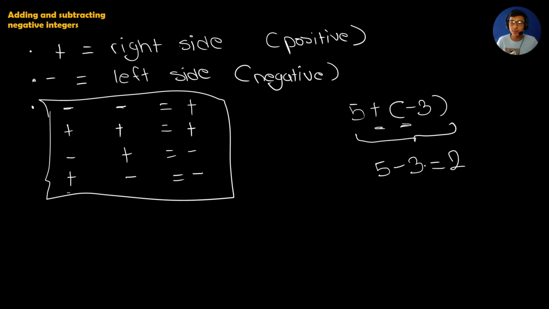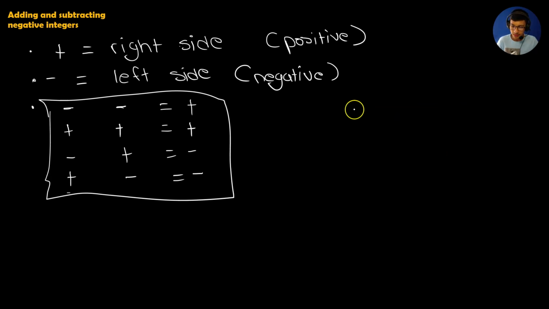So let's try it with a few more. Our next example, negative 20 plus negative 9. First we check our little box. We have a plus and a negative, and a plus and a negative equals a negative.